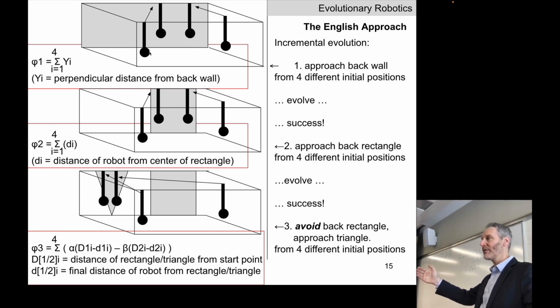Once they managed to evolve a controller that in all 4 cases would drive directly towards that back wall, they swapped out this fitness function and swapped in this slightly different one, which now computed the difference between the robot and the center of this black square that was placed on the back side of the table.